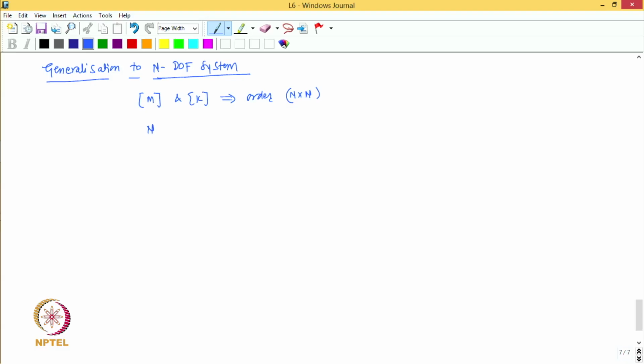And then you will have n eigenvalues and n eigenvectors, right, which of course would lead to n natural frequencies and mode shapes. Now, these eigenvectors satisfy a very important property, the property of orthogonality.